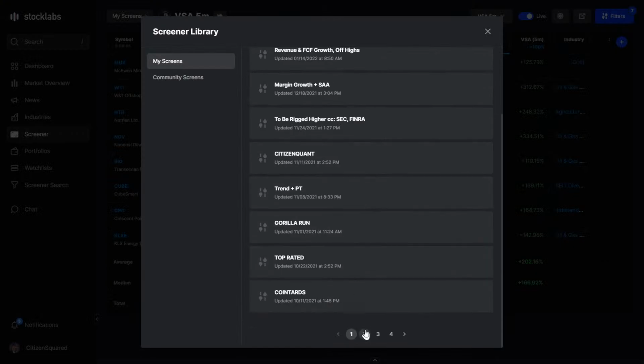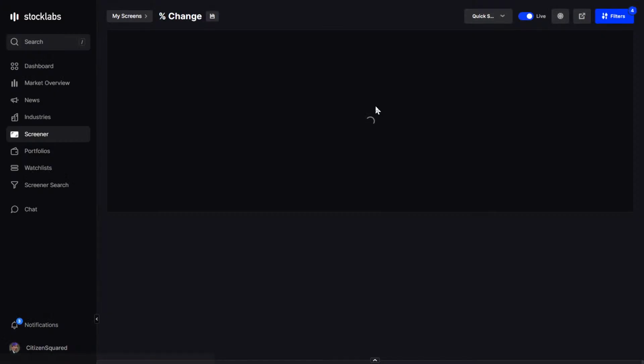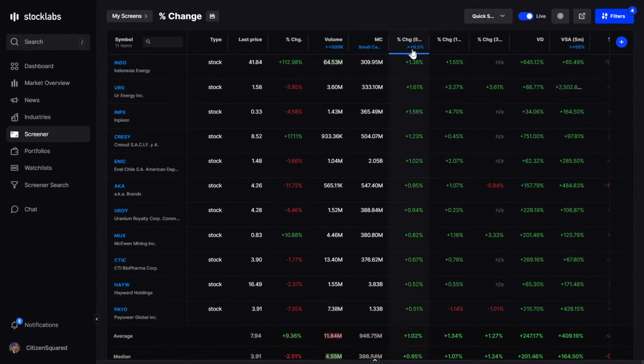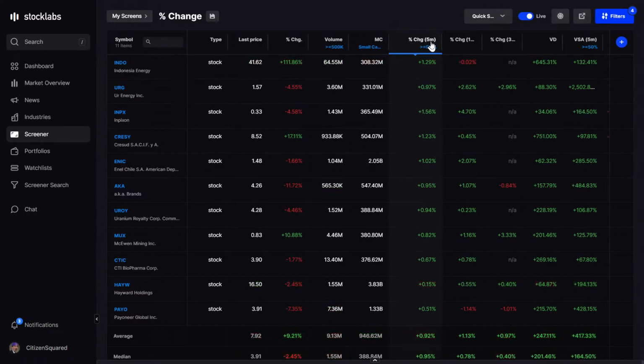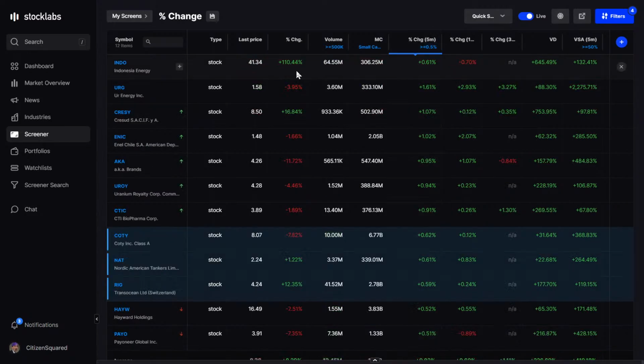What else? Oh, we have a percent change tool. This tool will measure the change in price in the last, same thing, whichever interval. So in the last 5 minutes, this stock is up 0.5% or 1%, you know?